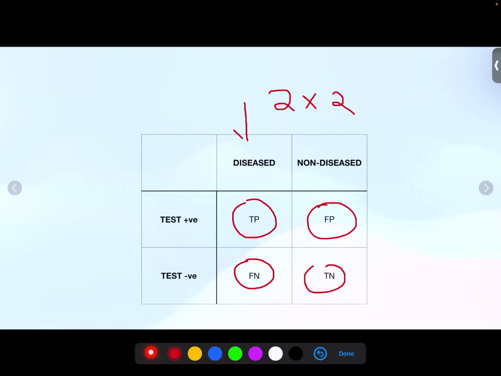So this first column is the diseased column. Like you can say that if any gold standard test, which is the standard test, says it is a positive individual, then this first column is the diseased individuals.